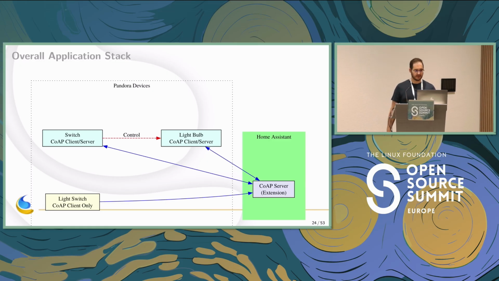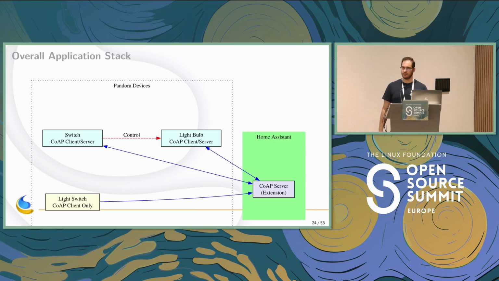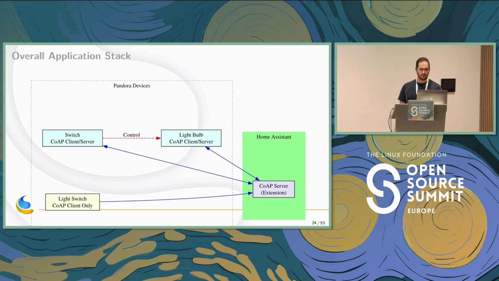You could also have the devices connected to a server, and this server will be the link between all your devices and your home automation system. Here in this example, Home Assistant. As an example, you may want to switch your light using the switch.